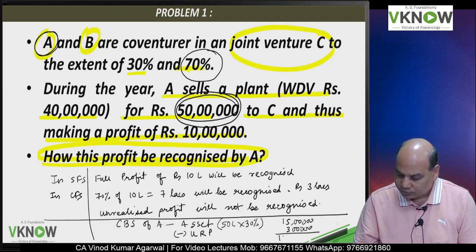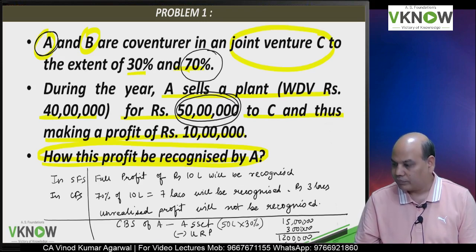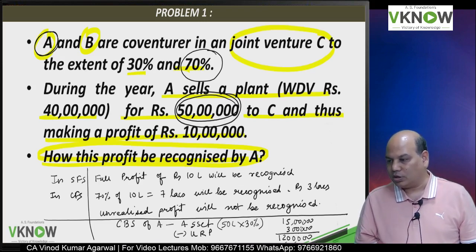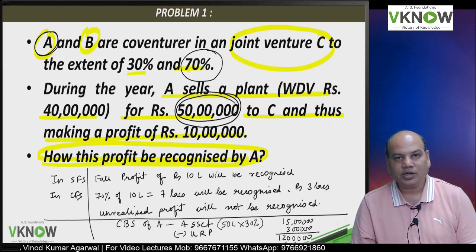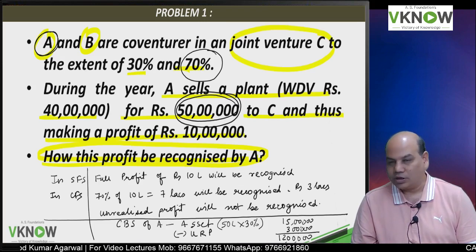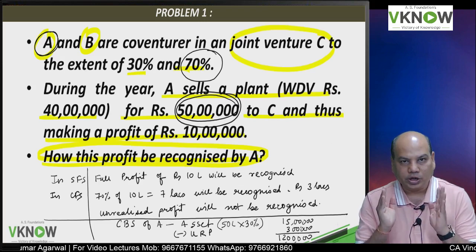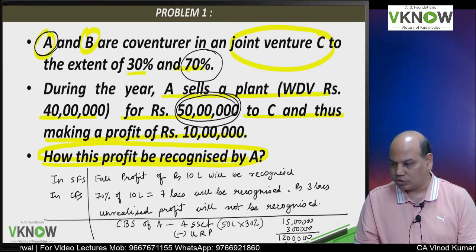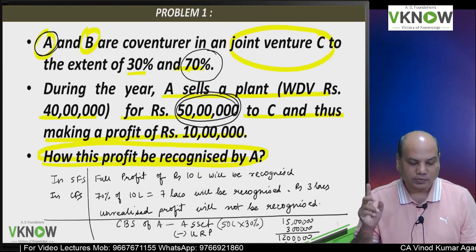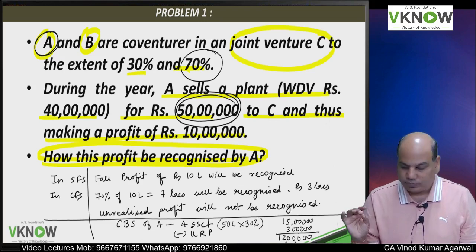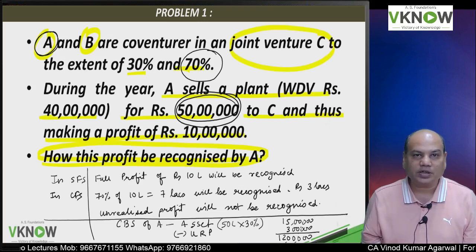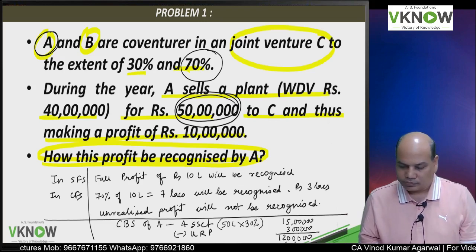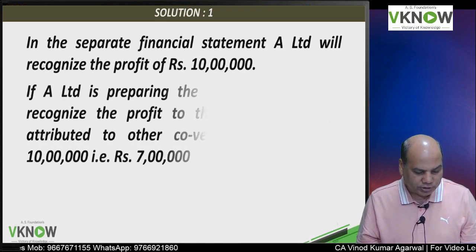So therefore, this asset will appear in the balance sheet at 12 lakh only, and 3 lakh unrealized profit will be reduced from the consolidated profit and loss also. So that is how the answer will be presented by the student. I have also given you the presentation of the balance sheet. Let us try one more question.